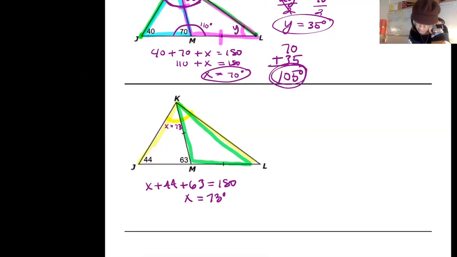So I'm gonna say these are linear pairs. I'm going to do 180 minus 63, and that's gonna leave 117. So that's 117 degrees right there. Because these angles are congruent, we're gonna call both of those y.